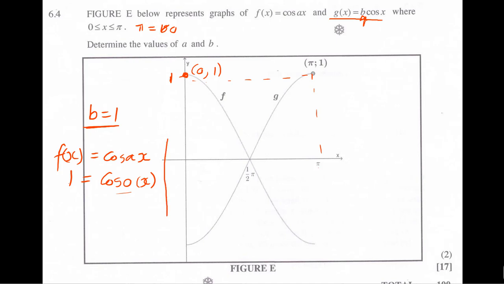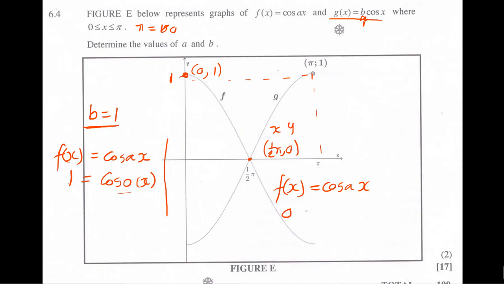The point that they gave us again, we have got that point. And this point, when x here is half pi, y is 0. So we can say f of x is equal to cos ax. Now remember, this is your x and this is your y, your f of x.